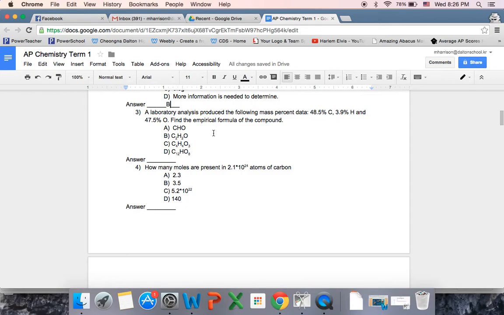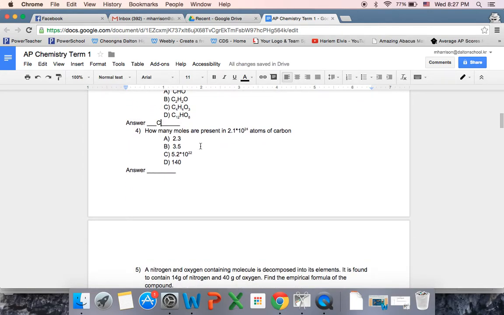We divide each of the percents by this, which gives us 48.5 divided by around 12.01, giving us 4, 3.9 giving us 4, divided by 1 giving us 4, and 4.75 divided by 16 giving us 3. This means that the empirical formula is C4H4O3, and the correct answer here is C.